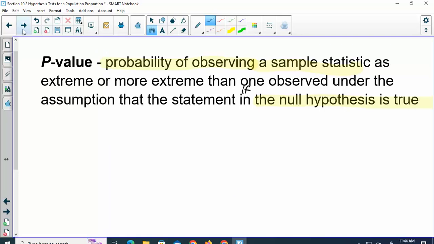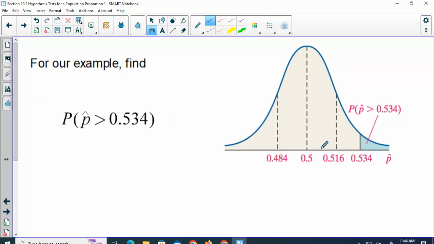So if we think about our example, we already found our z-score. We want to then turn around and find the probability of that. So we said this was a z of 2.15 from our last slide. How do we do greater than? 1 minus, so we have to get our table, normal distribution.